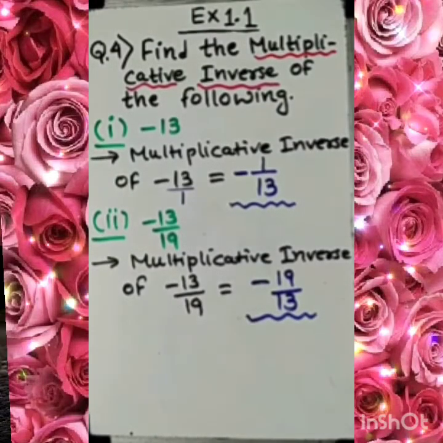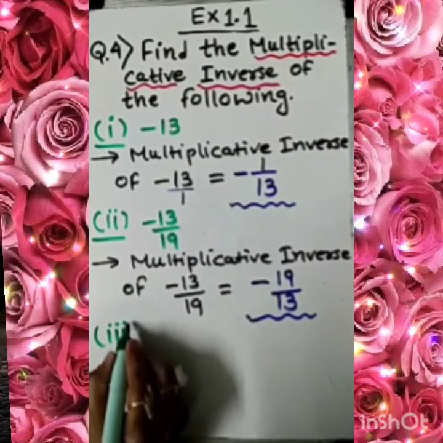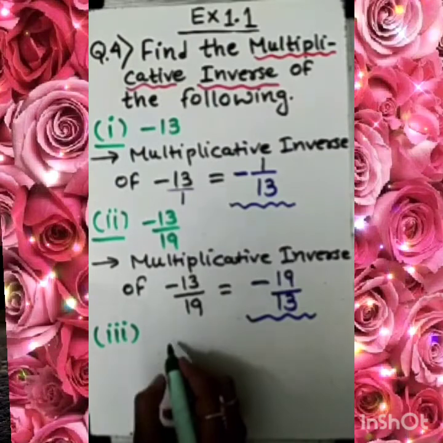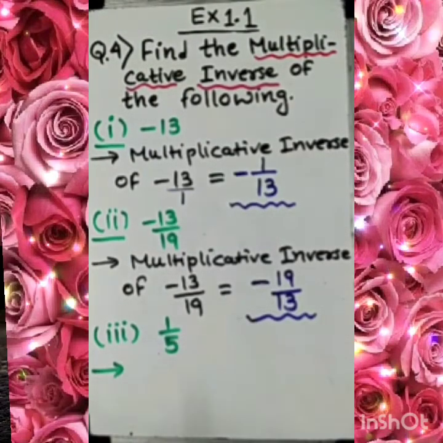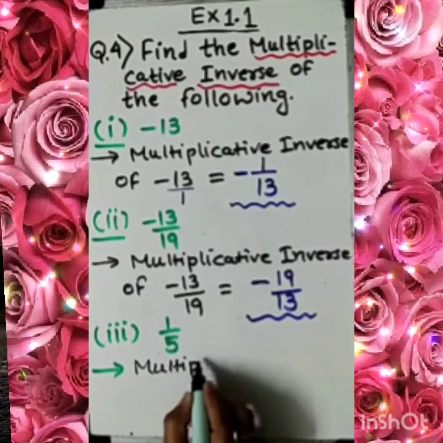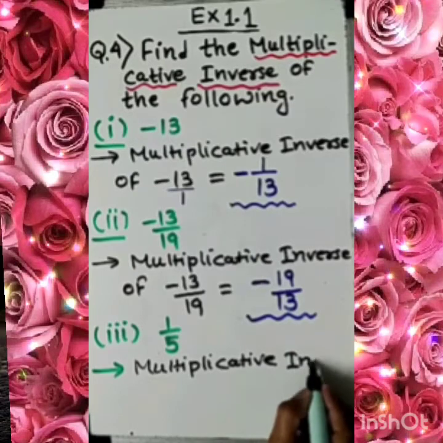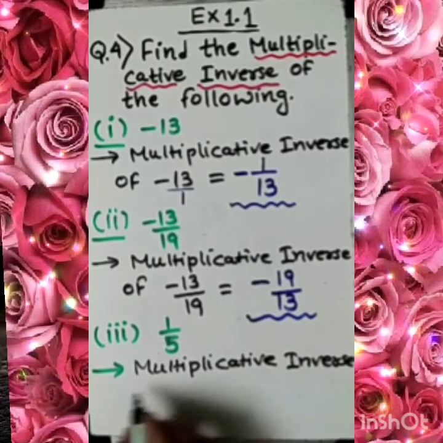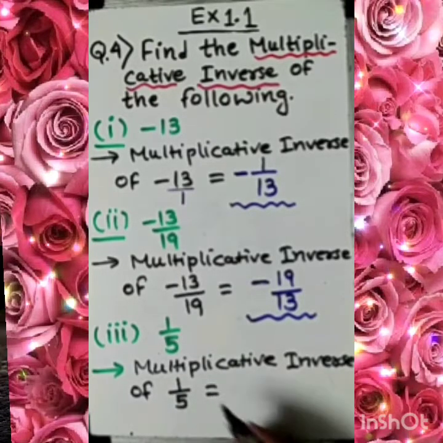Clear to you? Now let's work on the third. The third which we are given is 1 by 5. This rational number is given. So let's see what will be the multiplicative inverse of 1 by 5. We need to mention multiplicative inverse of 1 by 5 equal to, as we know, this is a positive number.